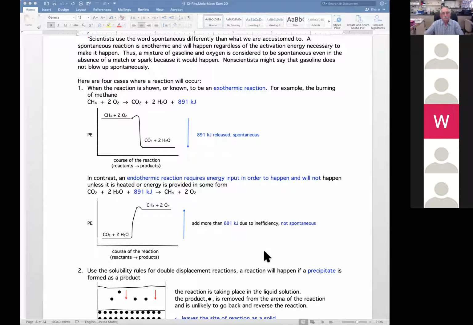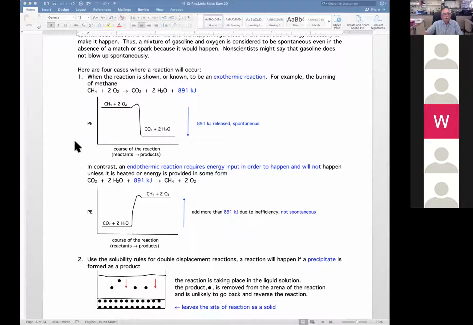So here are some cases where a reaction will occur. So in this case with methane, it burns. You just know that. It's like gasoline, it burns. So that it's exothermic. Or if you actually saw the number over here as a product, it's giving off energy as a product.